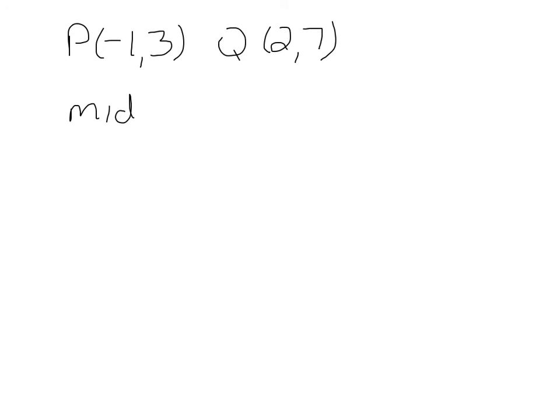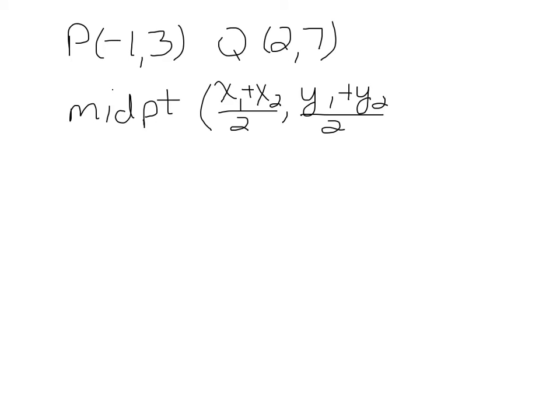Midpoint. To calculate the midpoint, you will be taking the average. It is x sub 1 plus x sub 2 divided by 2, and y sub 1 plus y sub 2 divided by 2. Midpoint is a point, so therefore it should have two answers, something, comma, something.